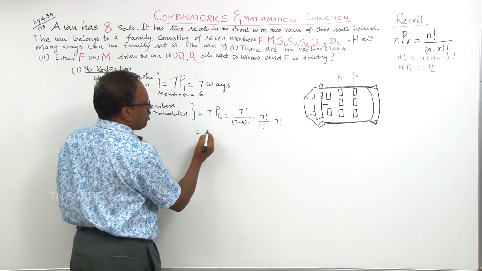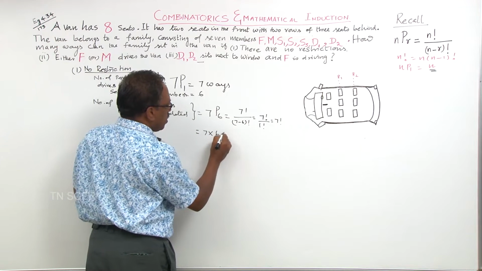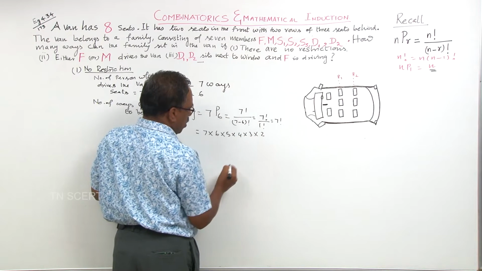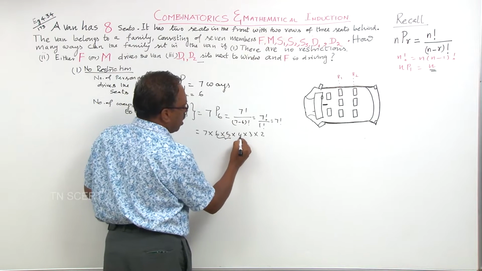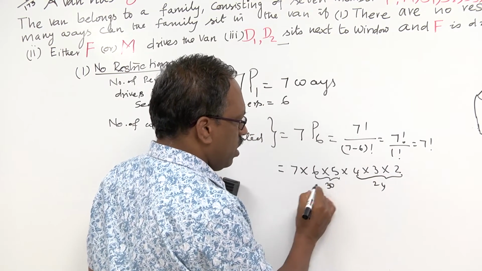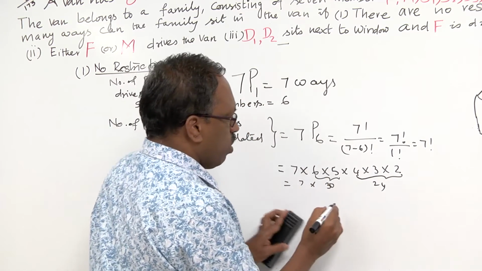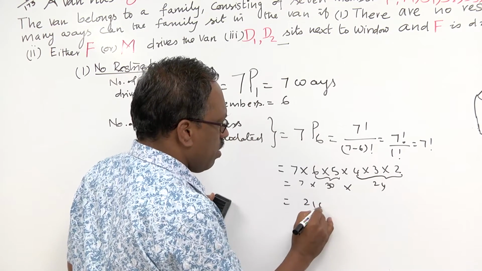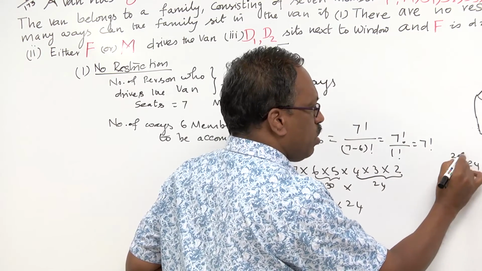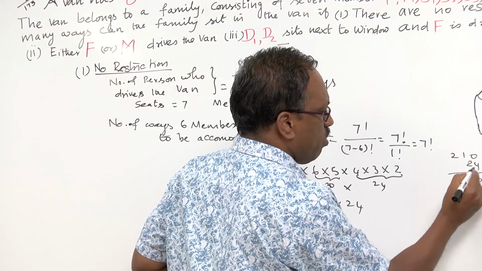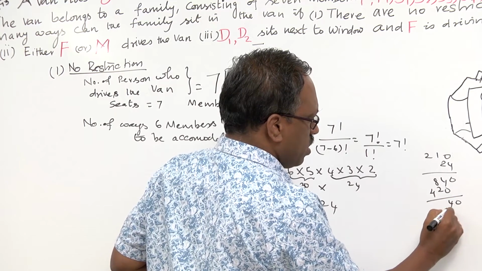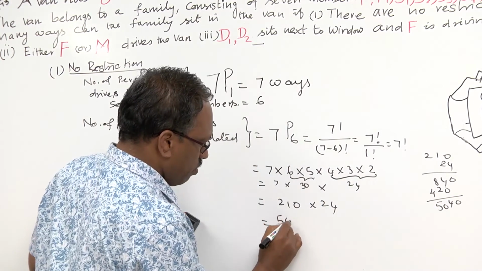7 factorial we can just multiply: 7 into 6 into 5 into 4 into 3 into 2. Finally we get 210 into 24, just multiplying, which gives 5040.